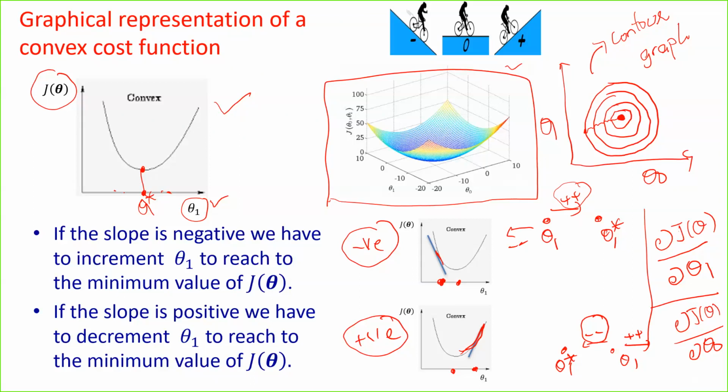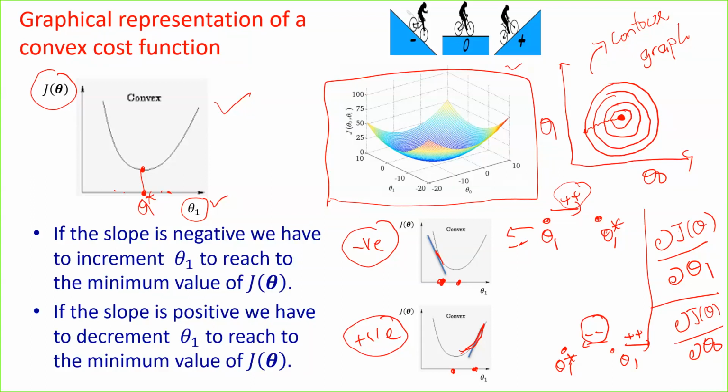There are some maximization problems also, then it's concave, and the objective is to reach the peak point of this graph. Then we use a gradient ascent algorithm. Here we are using the gradient descent algorithm, right? Yes, sir.